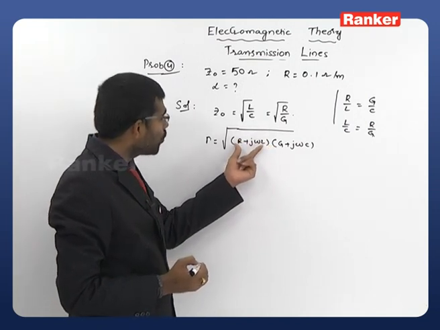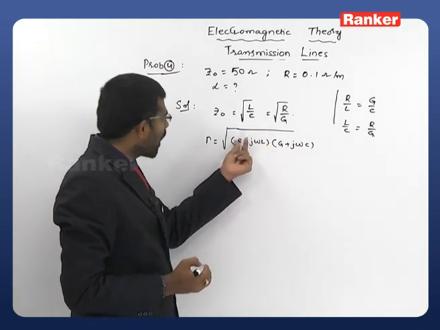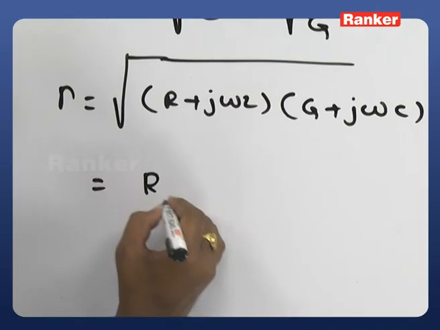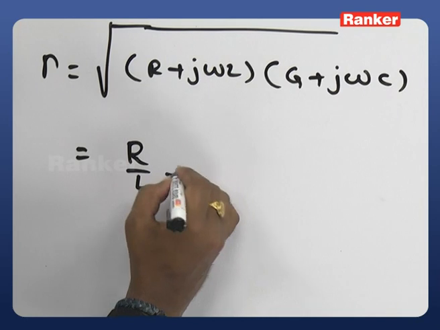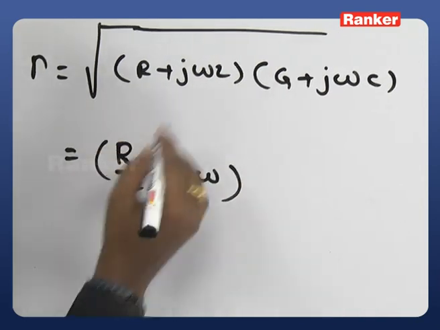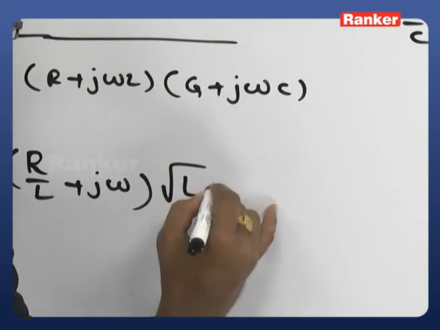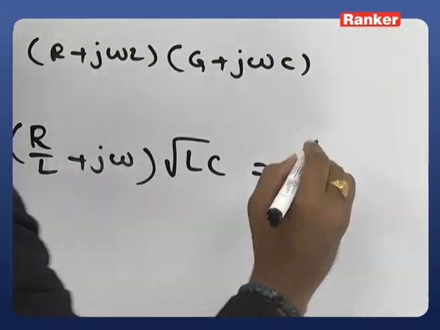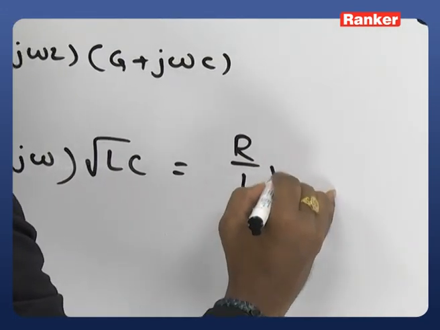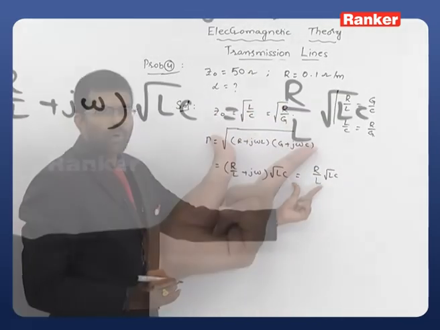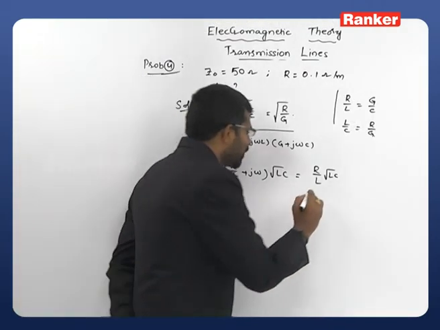Now I am trying to modify this particular equation. R by L, G by C, I will consider here. Then directly I am writing this one as R by L plus j omega, which comes from the square root, and the term which is left for us is just root LC, which is equal to R by L root LC. This is the term that we have as our real part. I am ignoring the imaginary part as we require only alpha.